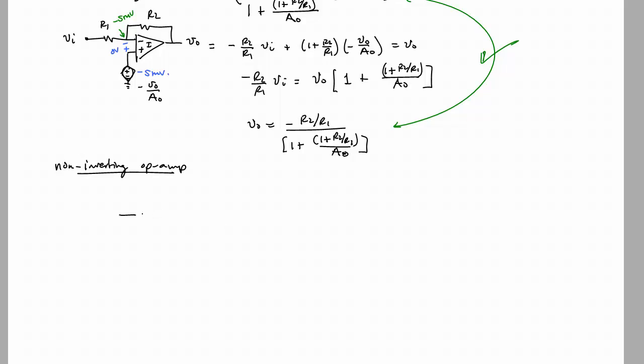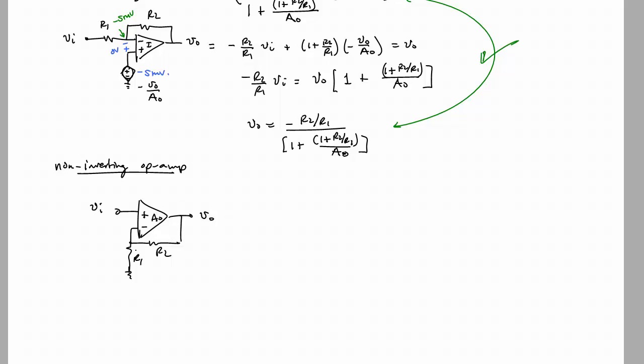I guess I'll go ahead and draw it, just so we know the circuit. But we're going to write the response at the output just by inspection using what we just observed above.